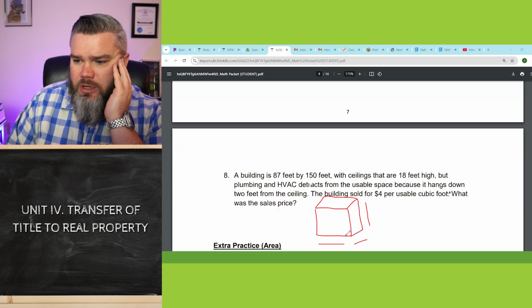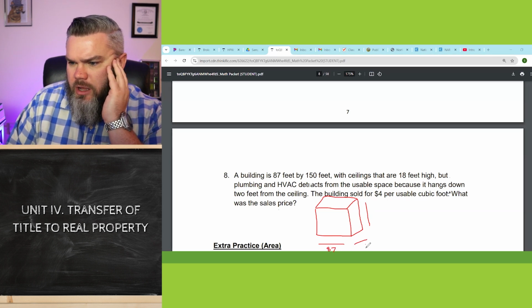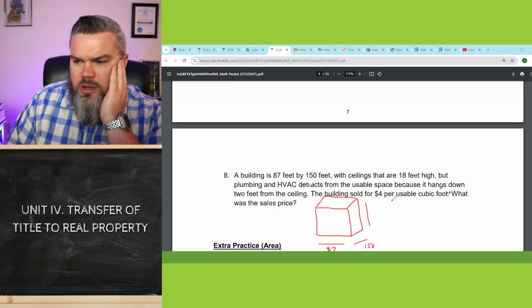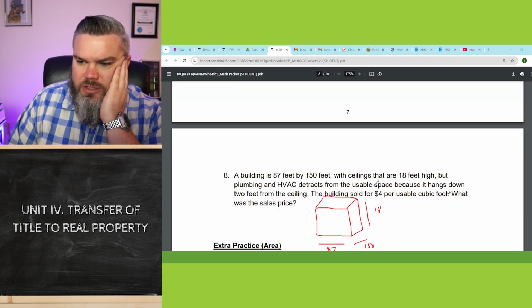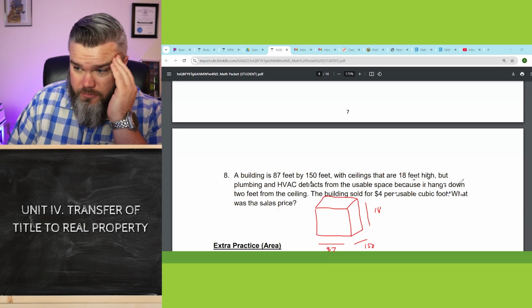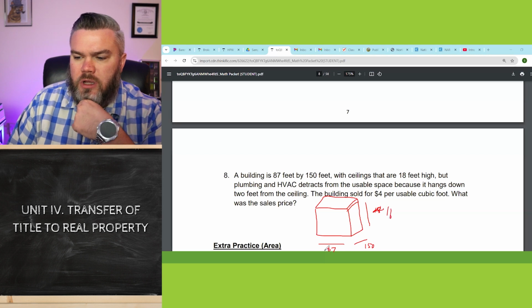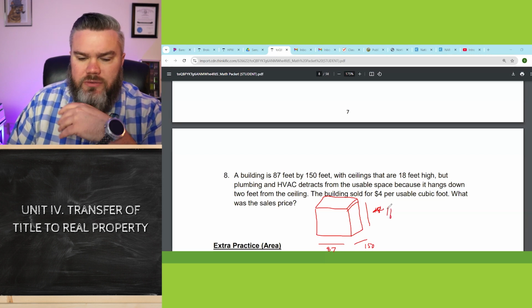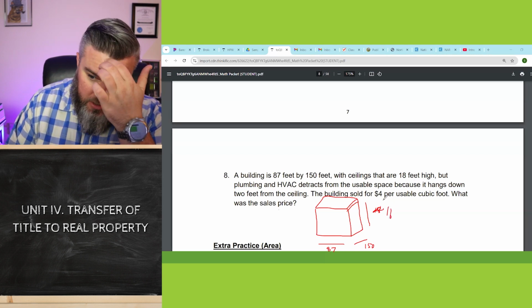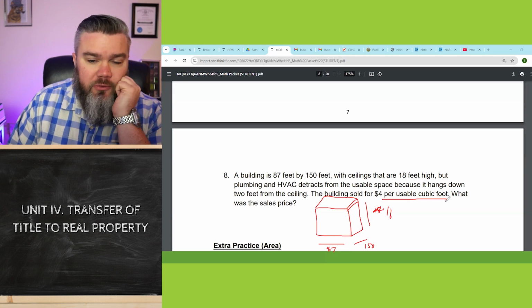If this building is 87 feet by 150 feet and then 18 feet high, but then what they say is there's plumbing and HVAC that detracts from the usable square footage by 2 feet. So what you've really done is you've lost some at the top, and so then it's going to be 16. So length times width times height gives you your cubic feet, and then you would just multiply that by your $4 per usable cubic foot.